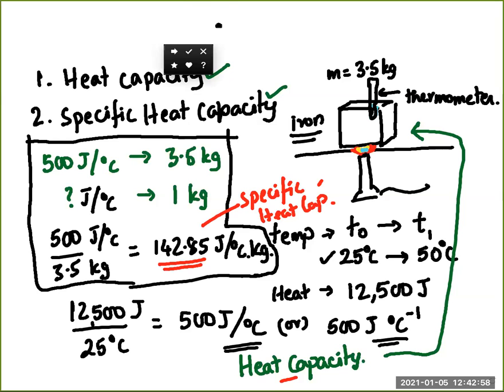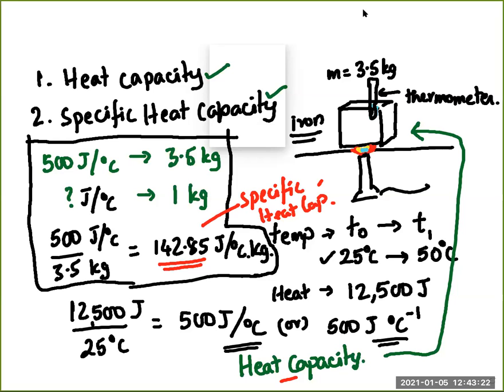So the error gave us an opportunity to look at something in a slightly different way. But I hope the idea of heat capacity and specific heat capacity is not confusing at this point, because students often make errors in understanding them. So I'm just repeating it.